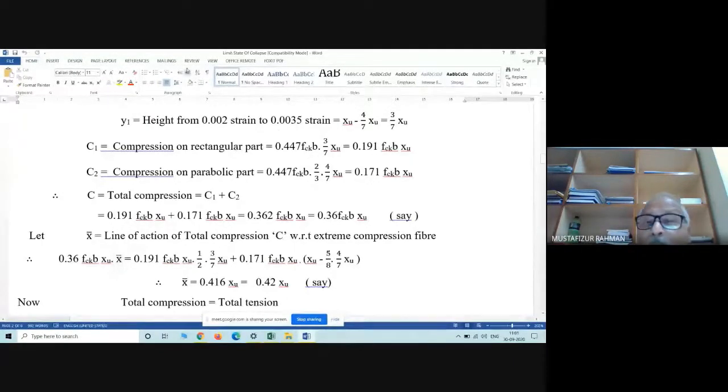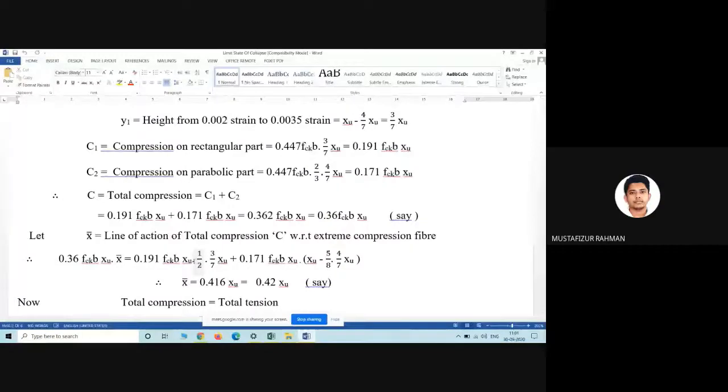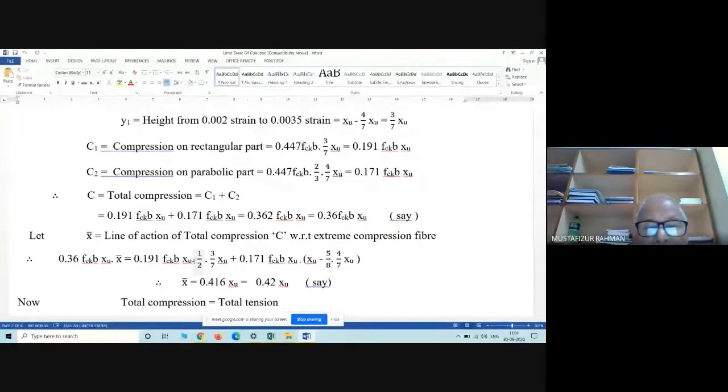So 0.139 fck b into xu multiplied by half of y1, plus C2, 0.171 fck b into xu.